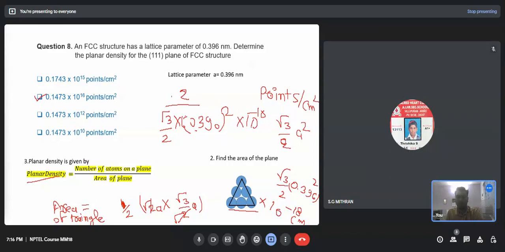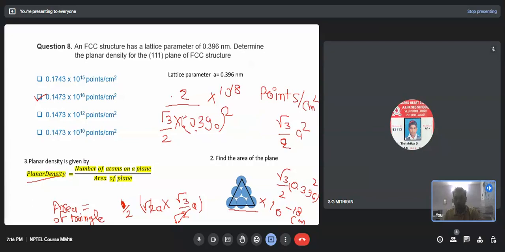Since this 10 to the power minus 18 is downside, so we'll take it up 10 to the power 18 and we'll just remove this part. After calculation, we'll get this value. Okay.